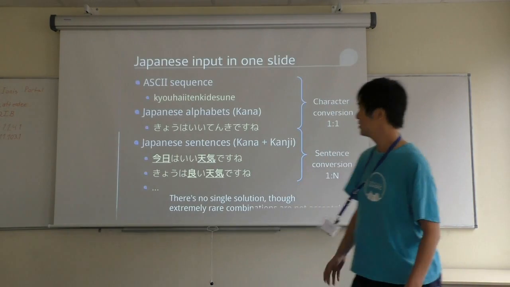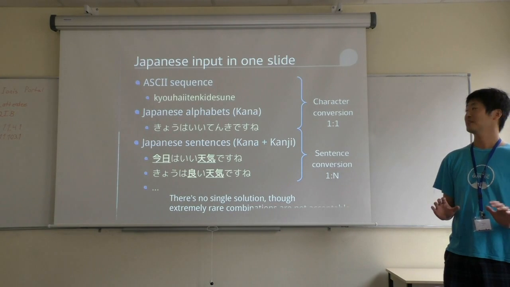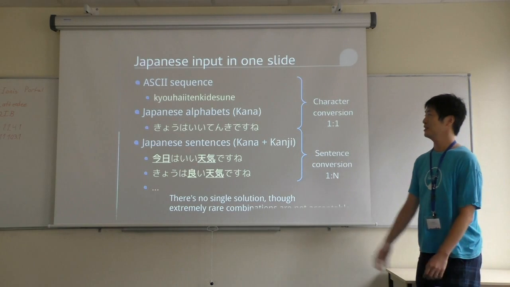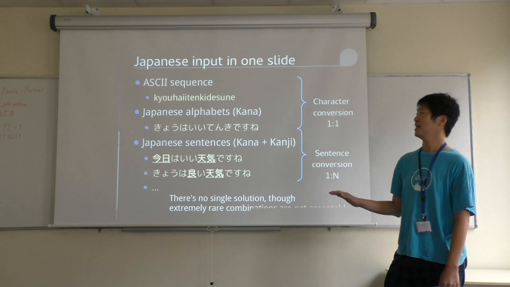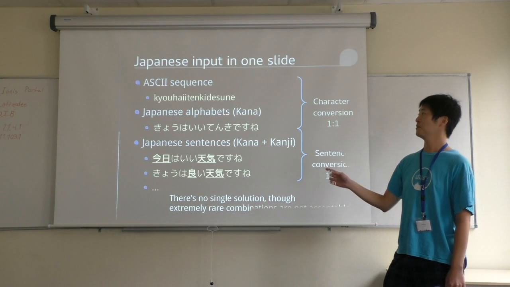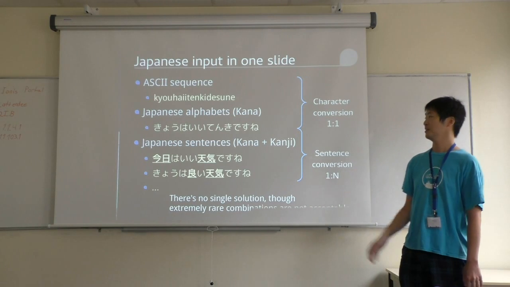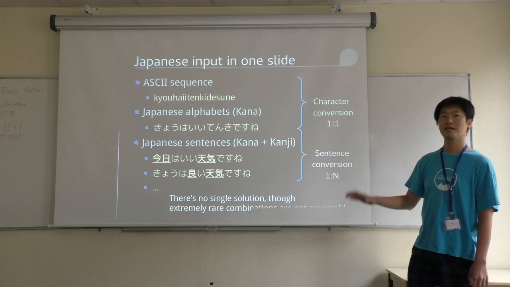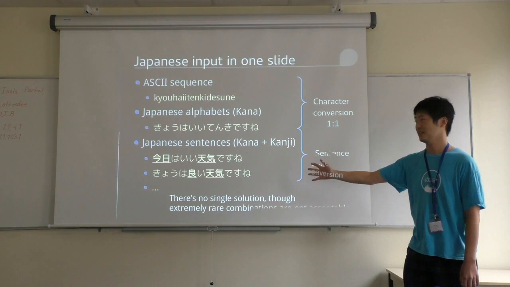With computers, we type Japanese sentences in 3 steps like this. First we type in ASCII characters, and then it is translated into the Japanese alphabet. Then if I type space or the conversion key, it becomes actual Japanese sentences.